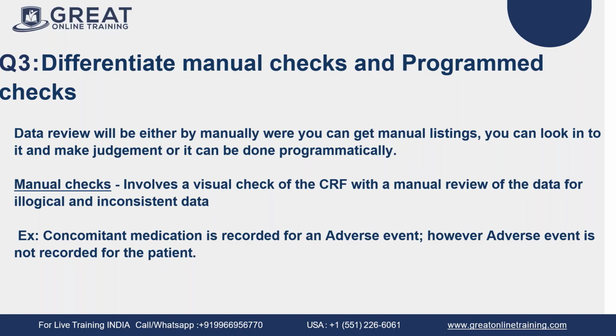Medication for the adverse event is there, but the adverse event is missing for the patient. For that, we need to check the data manually. So this kind of discrepancy requires manual judgment.